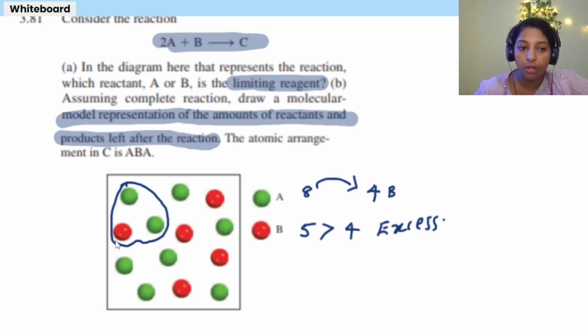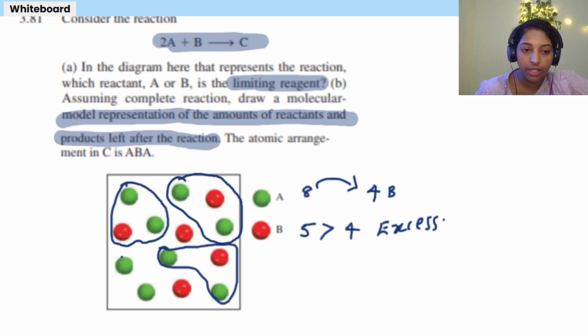So 2 green balls and 1 red ball, you can consider as 1 C. Then see the next one, again 2 green balls and 1 B. So after the reaction we got 1, 2, 3, 4 C's, and see the excess reagent.